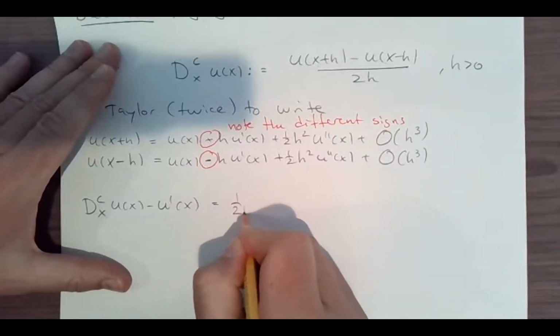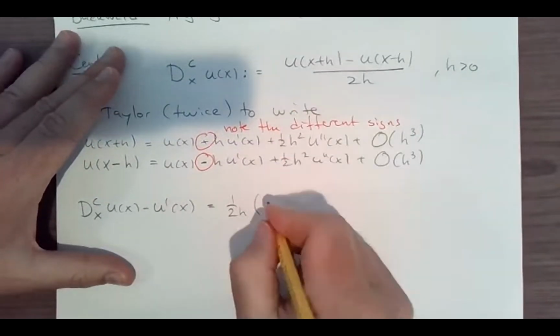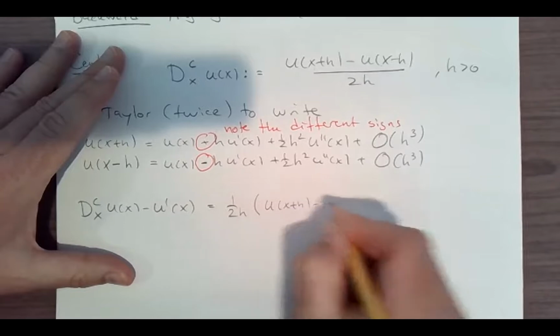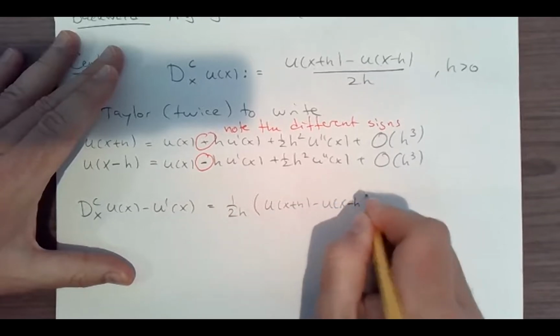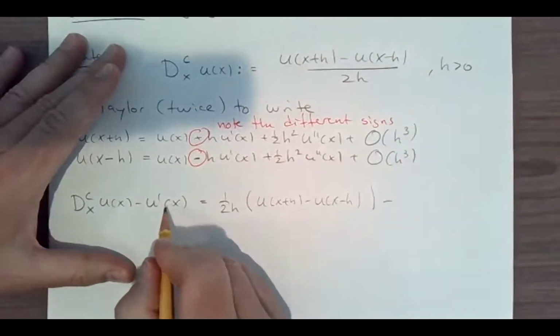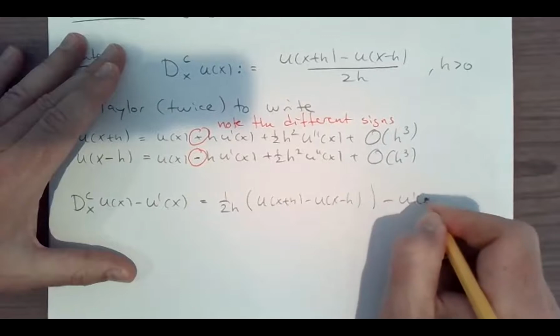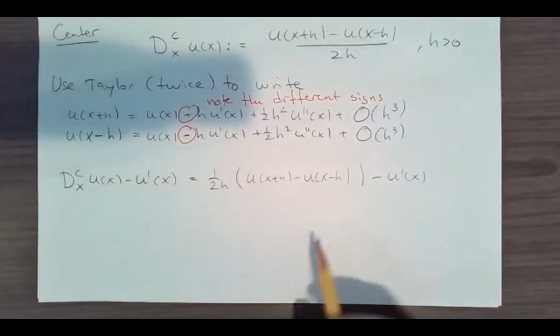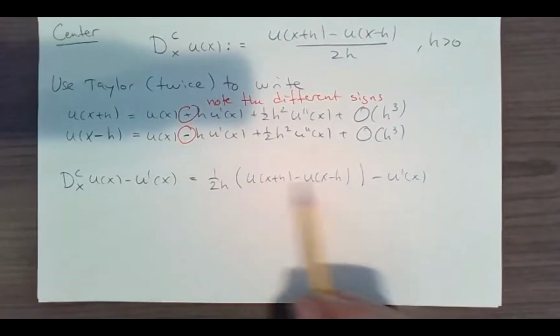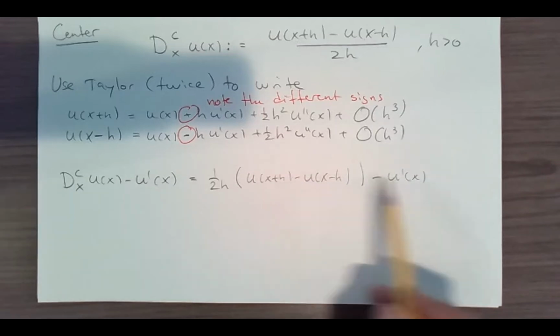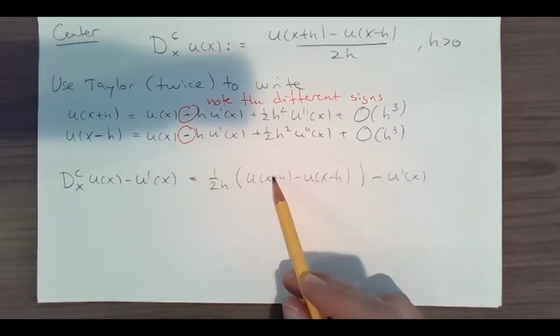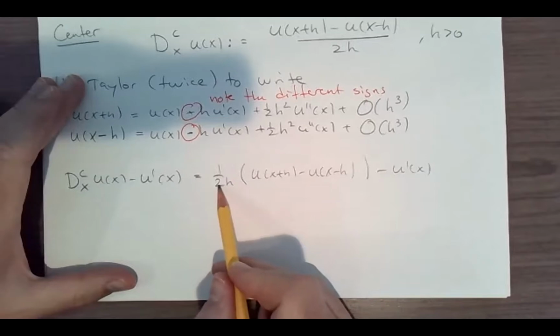This is 1/2h times u of x plus h minus u of x minus h. And then you need the derivative. As before, we want to move this u prime inside the parentheses, and we can do that by multiplying onto 2h.